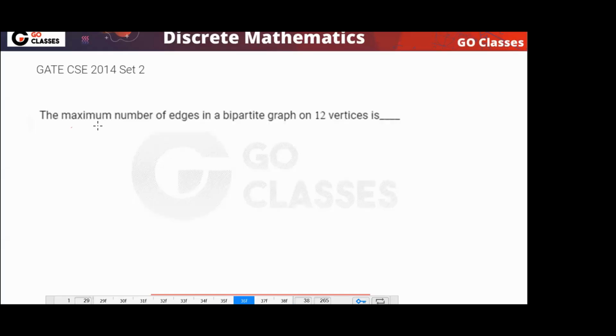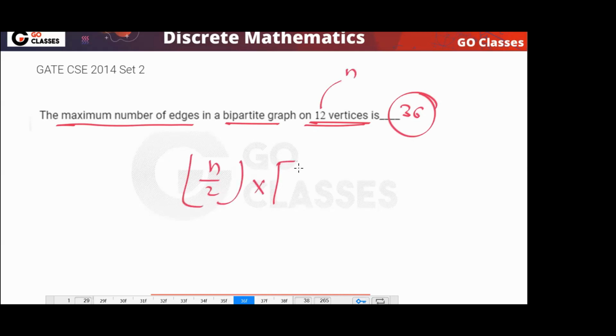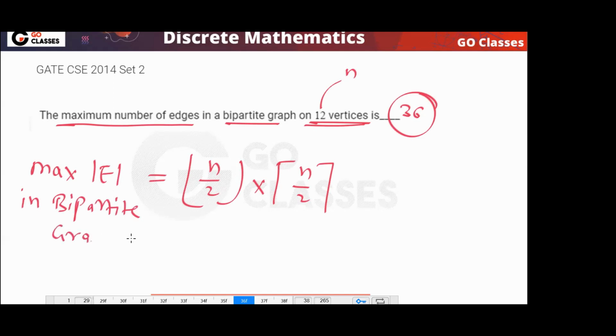What will be the answer? Maximum number of edges in a bipartite graph on 12 vertices, that will be 36, because if this is your n, then the maximum number of edges will be floor of n by 2 multiplied by ceiling of n by 2. This will be the maximum number of edges in a bipartite graph on n vertices.